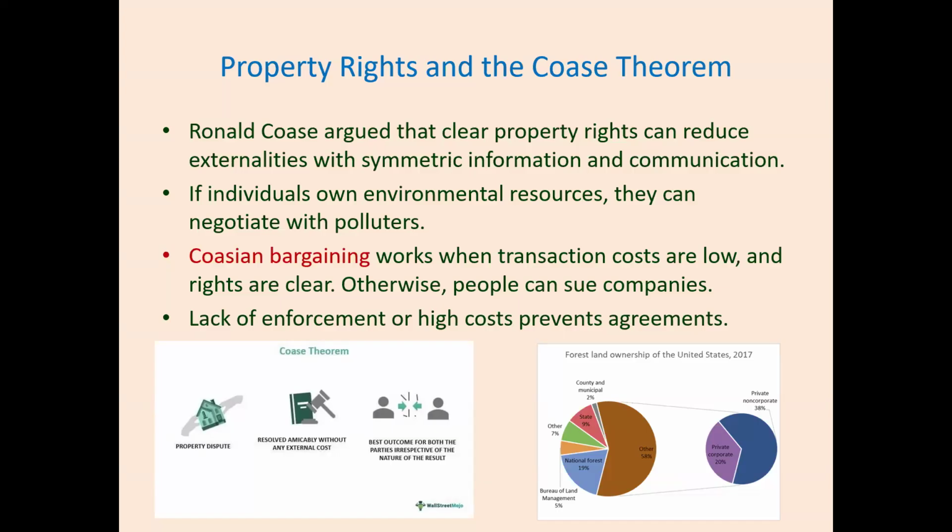So on the bottom right, we see a very interesting pie chart, and that shows you that roughly 58% of the forests in the United States are privately owned. Some of it is by corporation, but much of it is by individuals.